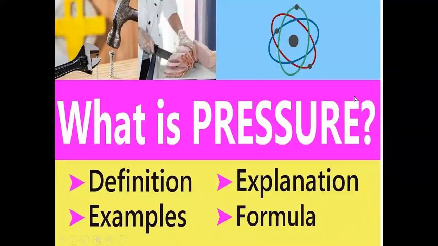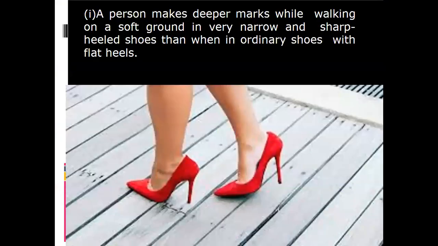What is pressure? Let us discuss the explanation with examples, the definition of pressure. A person makes deeper marks while walking on soft ground in very narrow and sharp heel shoes than when walking in ordinary shoes with flat heels.